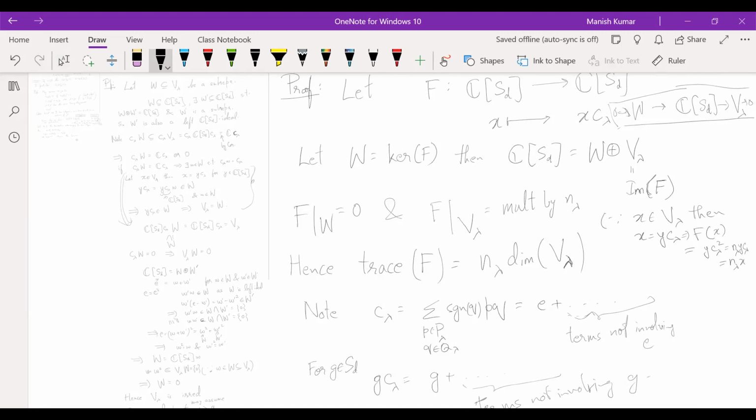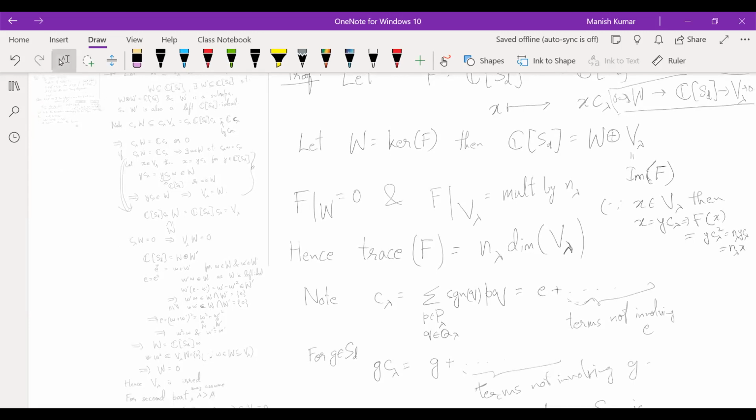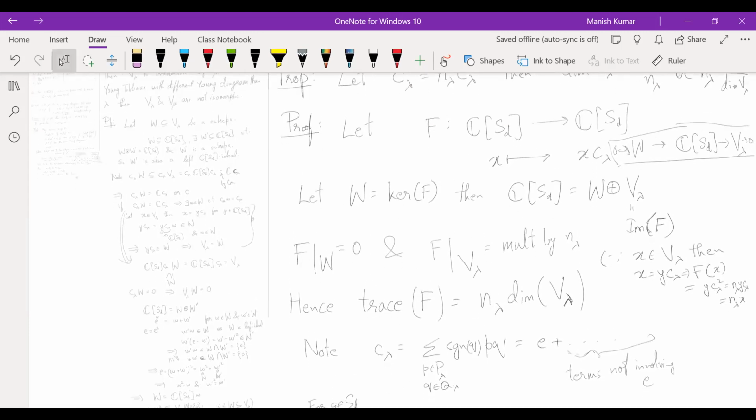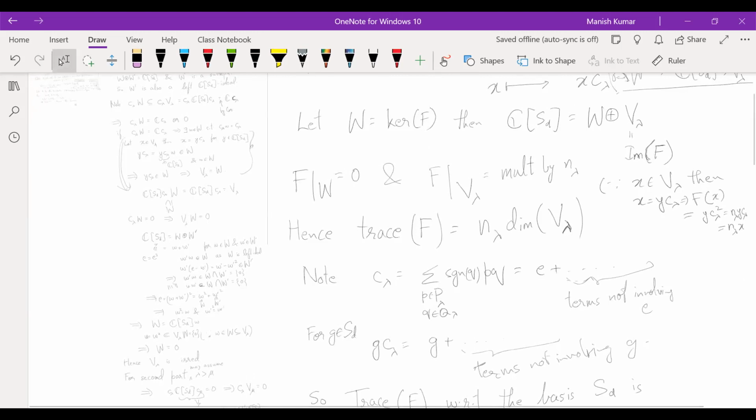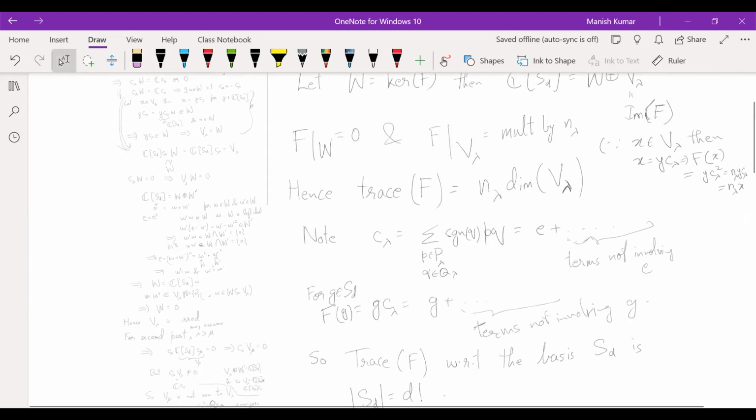So now if I apply F to this basis element g, where the elements of S_d form a basis, then g times c lambda becomes g plus some terms not involving g. Yeah, so it's some linear combination of other elements of S_d. So that tells you that in the diagonal entry you'll get 1.